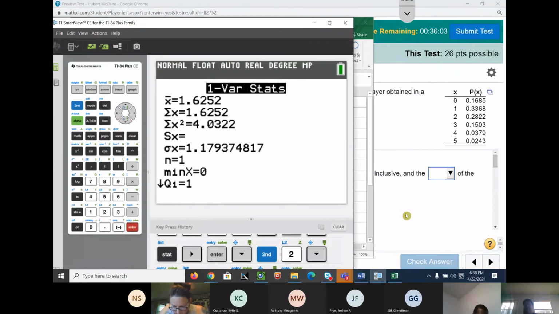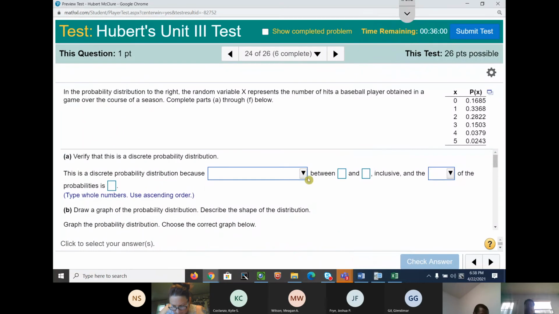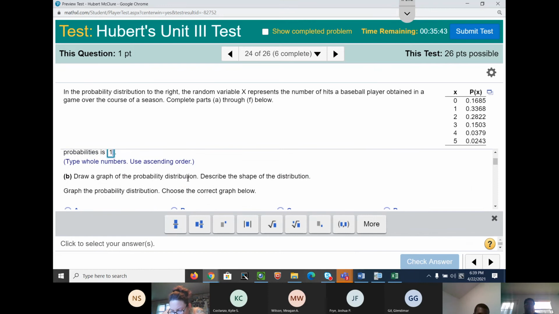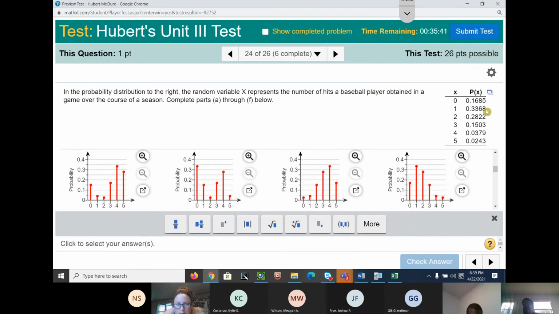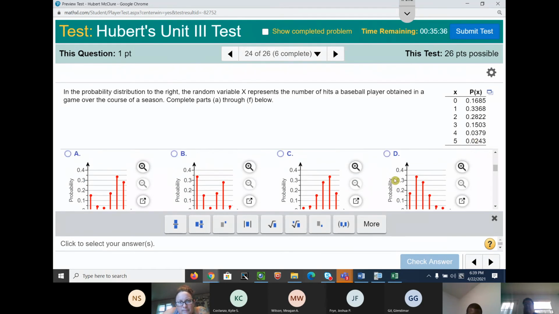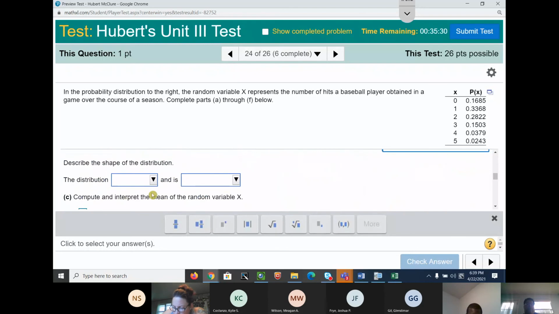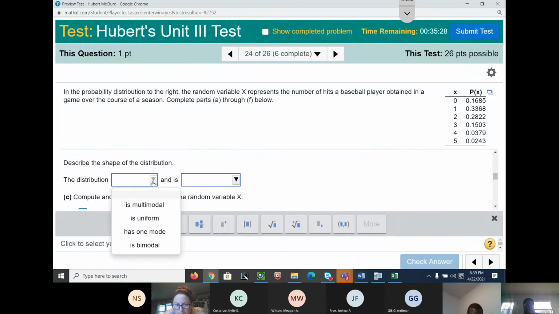Now we're going back to the question. All the probabilities are between 0 and 1, and the sum of all the probabilities is 1. And it looks like it goes up on the left and tapers off to the right. So that would be delta. The distribution, how many modes?